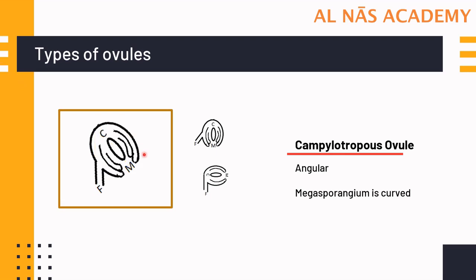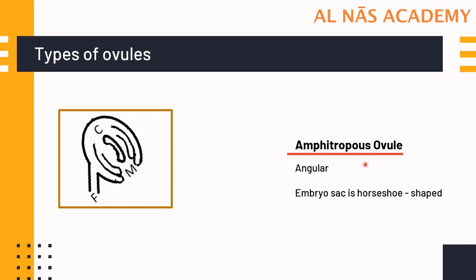In this type of ovule, the megasporangium becomes curved. Due to this curvature, the micropyle and the chalaza do not lie in the same alignment. The Amphitropous ovule is similar to the Campylotropous ovule. It is also angular like the Campylotropous ovule.